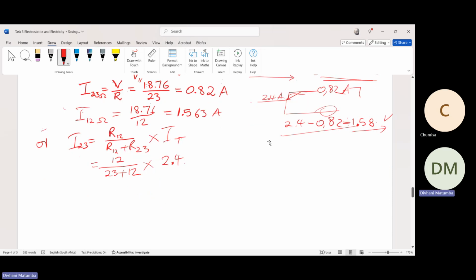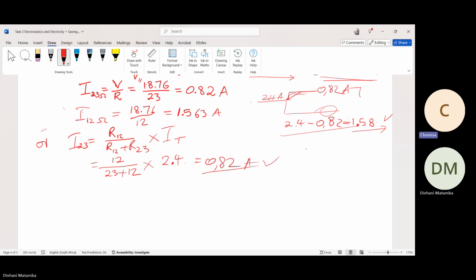You can use your calculator. Let's see if I'm doing the right thing or not. It says here 0.8228. 0.82 is the same thing.